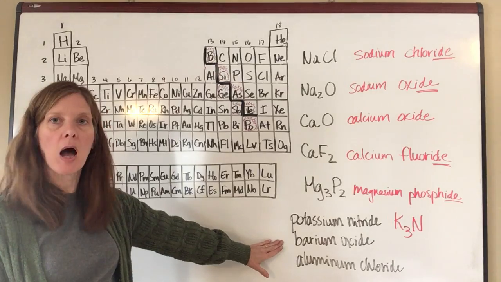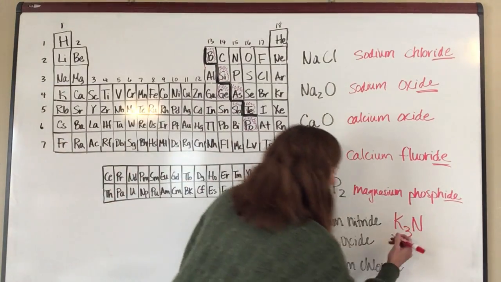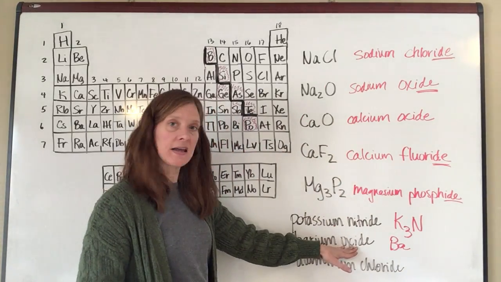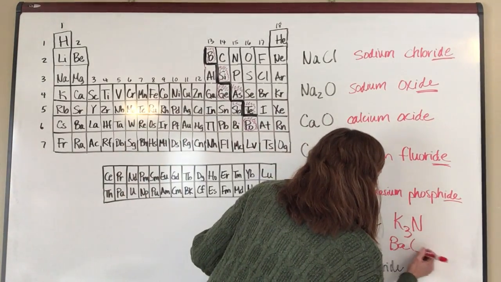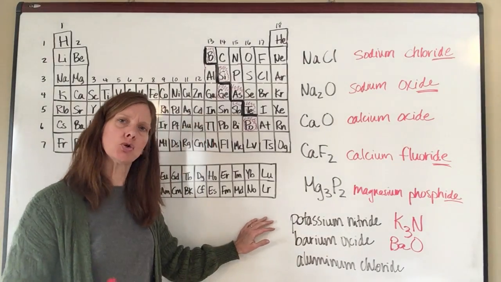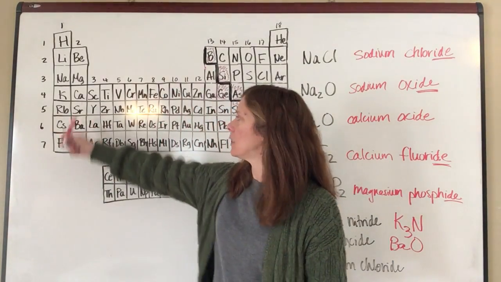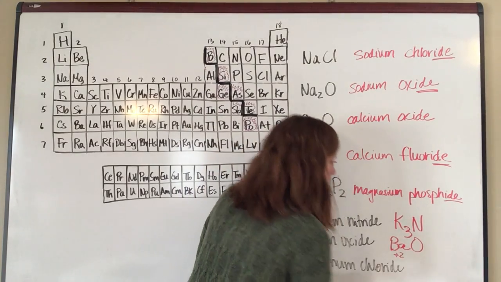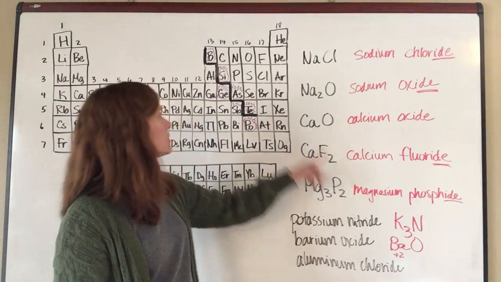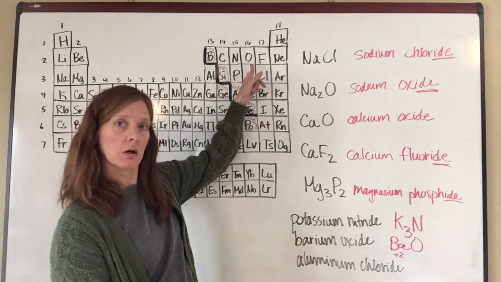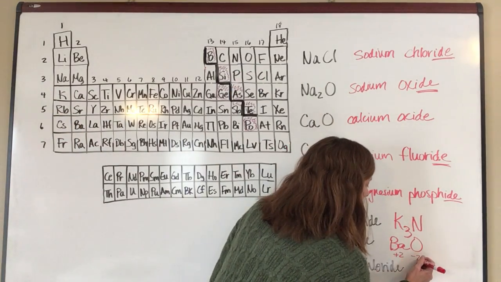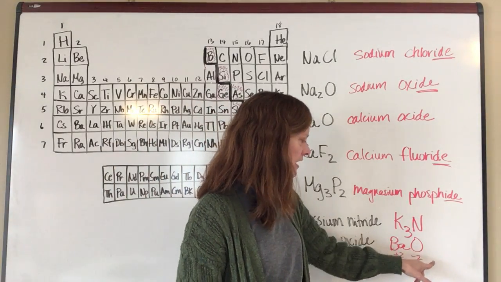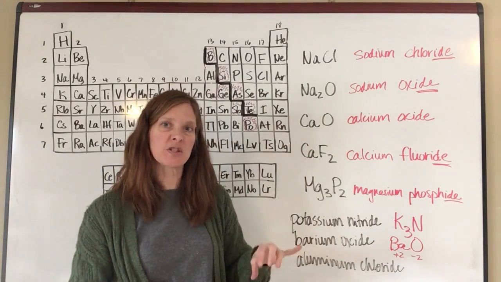How about barium oxide? Okay, barium is Ba. Oxide comes from oxygen, which is an O. What's the normal charge on barium? Well, barium's in this column. Barium is normally a +2. Oxygen is normally what charge? Yeah, it's normally a -2. Now, you could put 2's down there, but we want them in the lowest possible ratio.